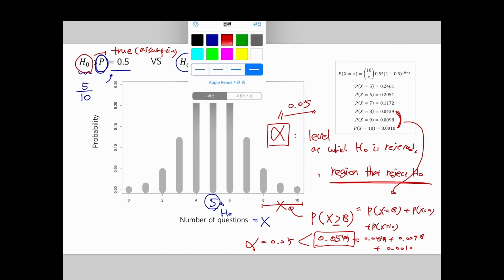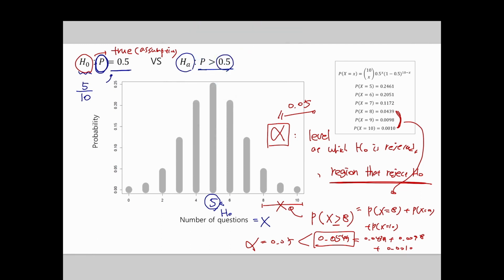However, since this region, that is x greater than or equal to 9, does not exceed 0.05 because this value is 0.0108, this is the reject region of H0.